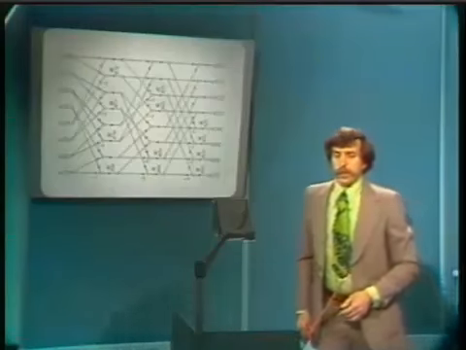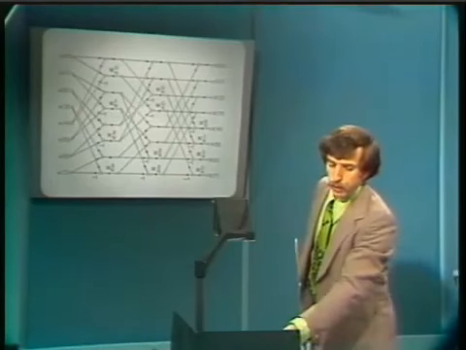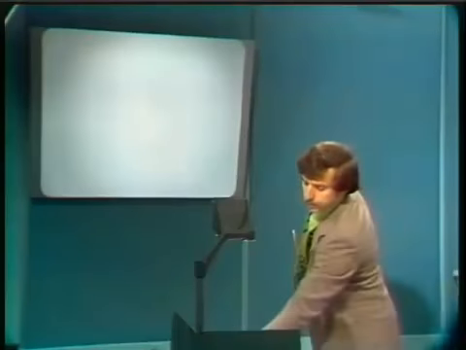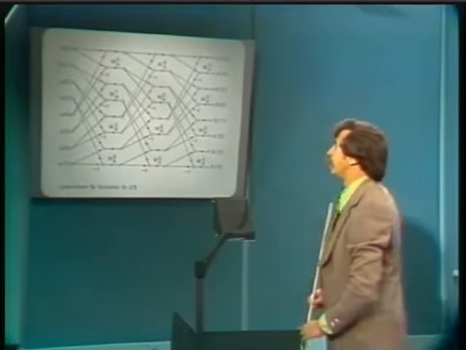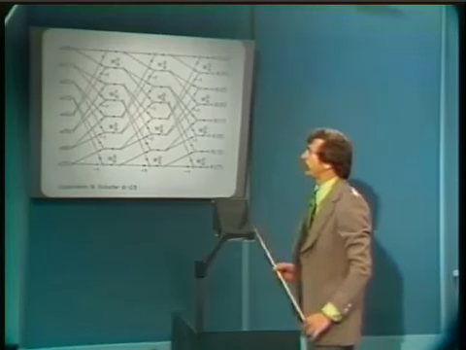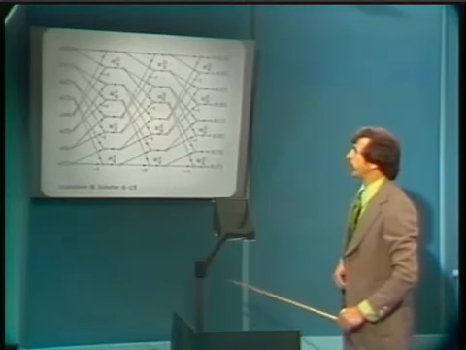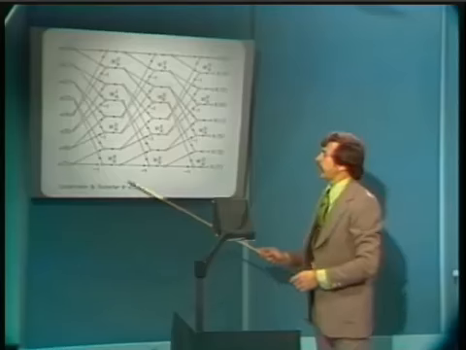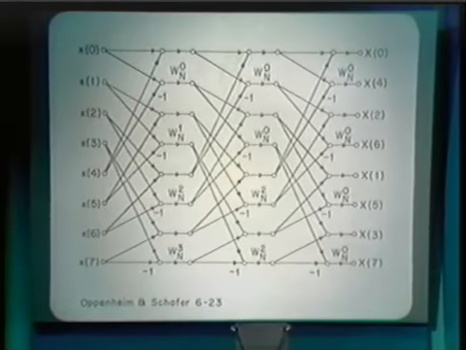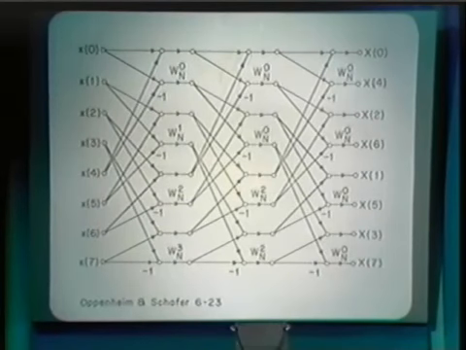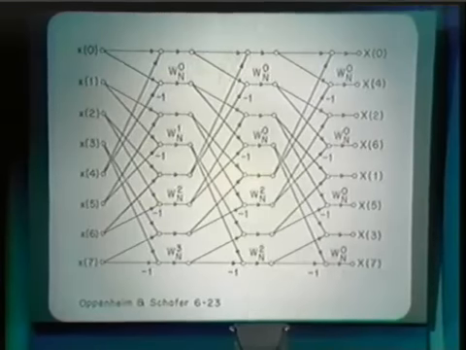A final rearrangement of the flow graph is the rearrangement which permits the use of sequential memory rather than random access memory. And this then is the flow graph that is the counterpart to the flow graph that we discussed last time, which I referred to as the Singleton algorithm, or I attributed to Singleton.